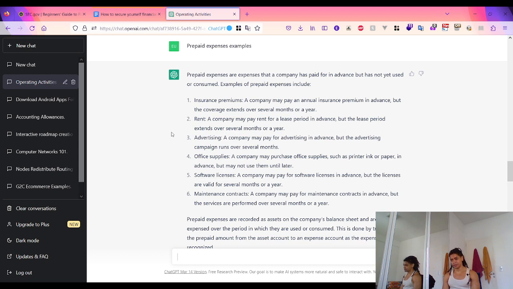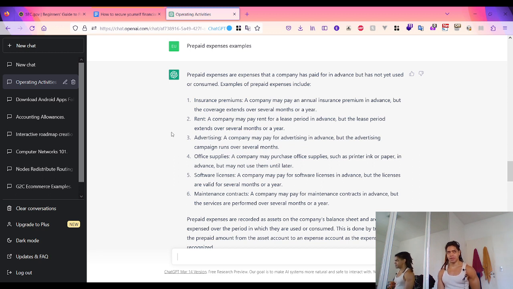We don't do that here. You should. So software license and maintenance contract. Okay, so this is prepaid expense.